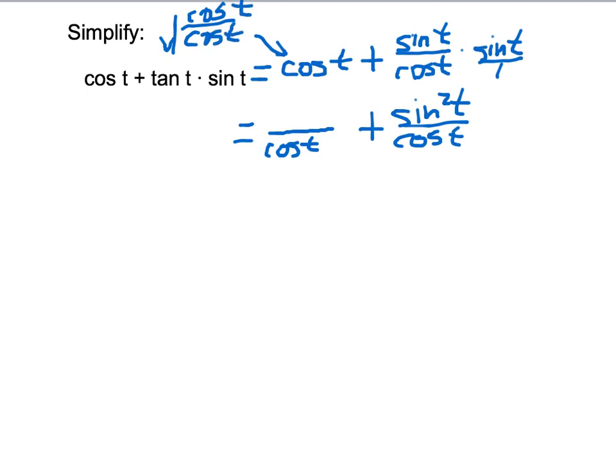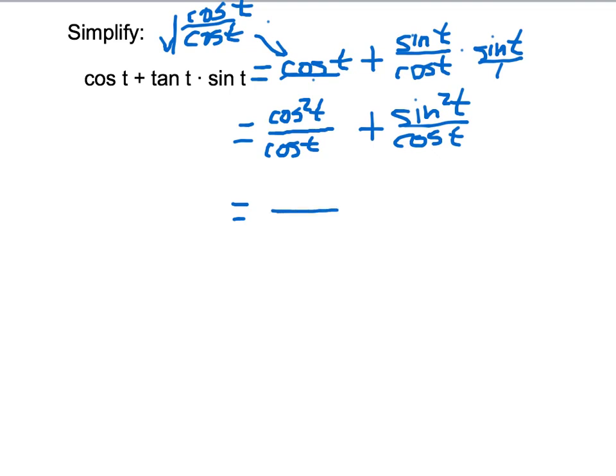Kind of running out of room here, but just see what we're doing here. Cosine over cosine times cosine over 1. Cosine times cosine is cosine squared t. And cosine times 1 is cosine. And so now we can combine this into just one expression. And I think you're going to find that anytime you see an addition, or subtraction for that matter, we try and get it into a single fraction.